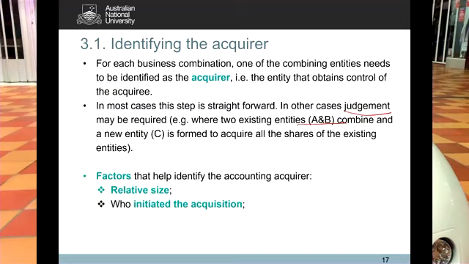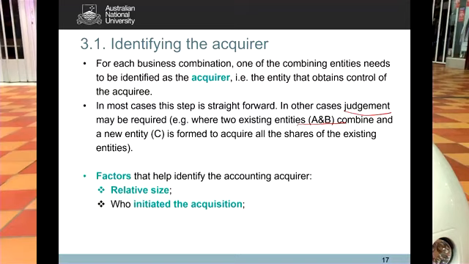Okay, but not necessarily. Sometimes the smaller one may come back to eat the bigger one, right? So we don't know. This is just some factors for your consideration, but not necessarily the absolute determinants of the party who is controlling.